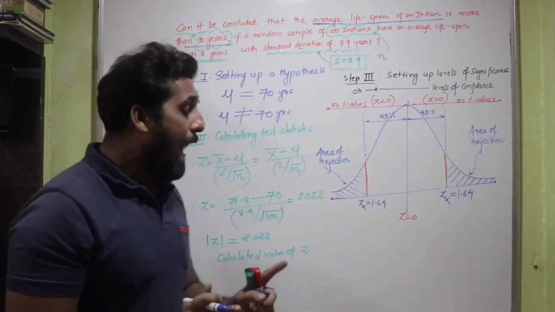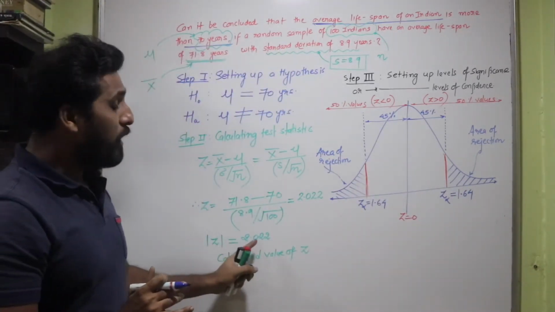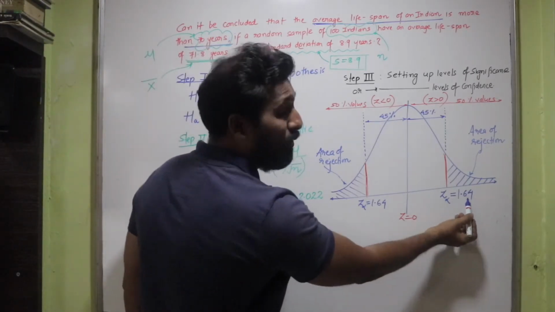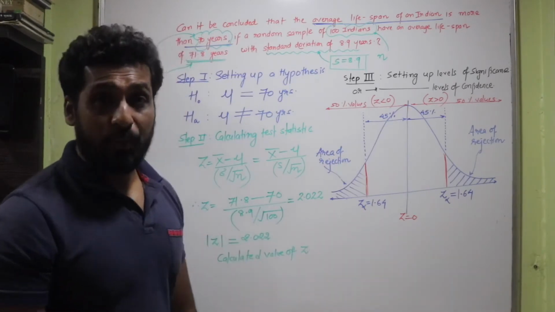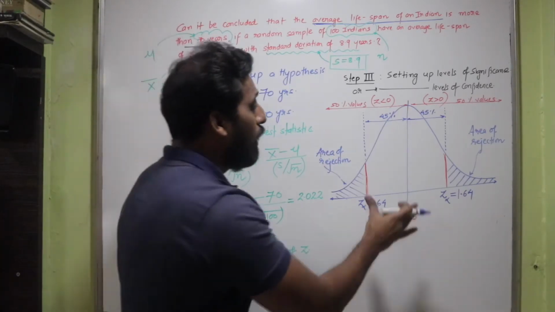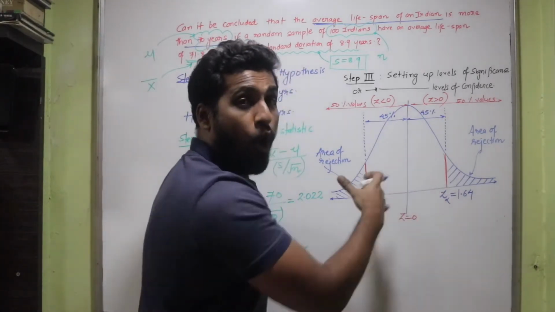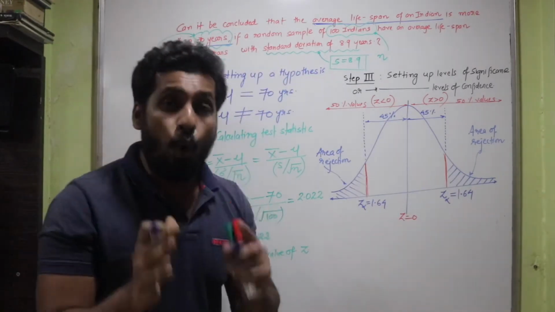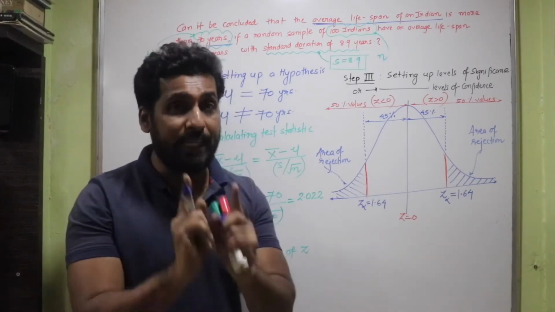So if the calculated value of Z is 2.022, and Z alpha is 1.64, this is for a 90% confidence interval, isn't it? Or you can say it is a 10% level of significance. Both of them convey the same message.